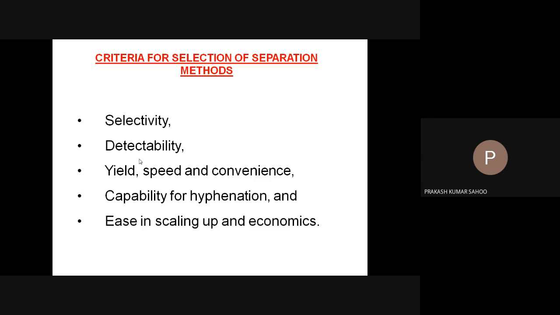important factor. If I take the speed, let us say for filtration, I have three different filter papers. The first one is the ordinary filter paper, the second one is the Whatman 41 filter paper, the third one is the Whatman 42 filter paper.